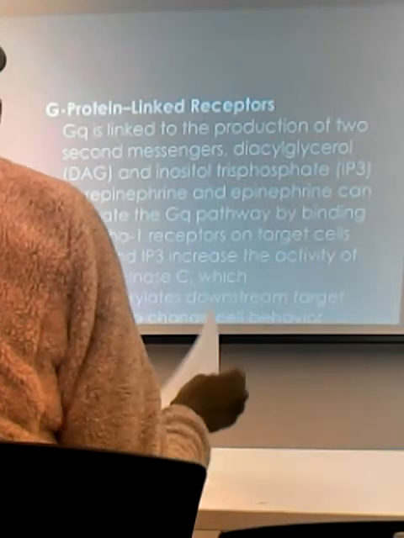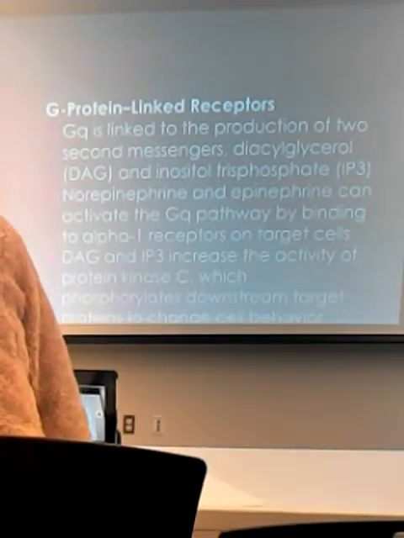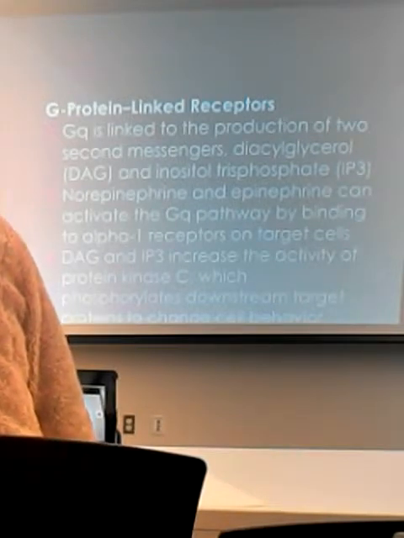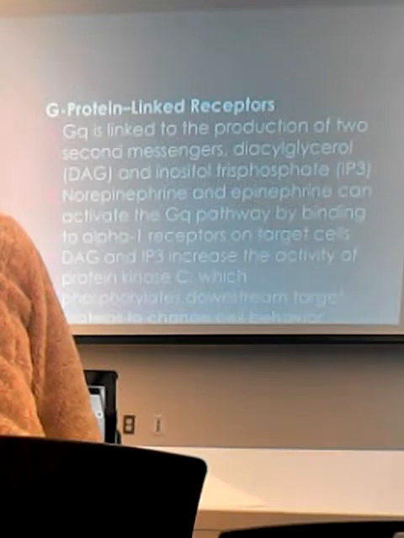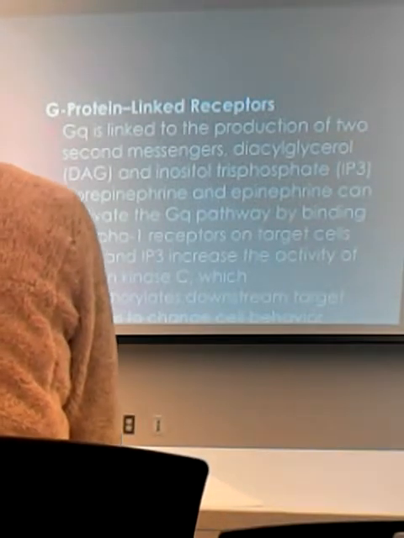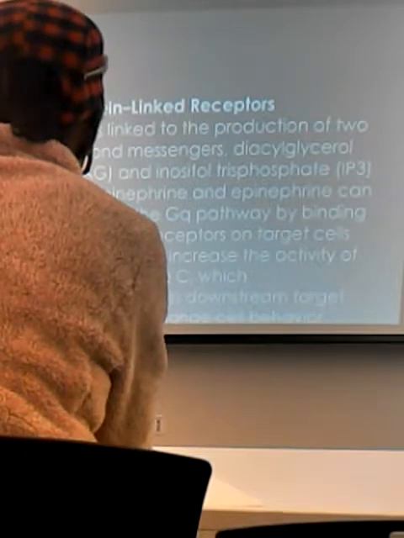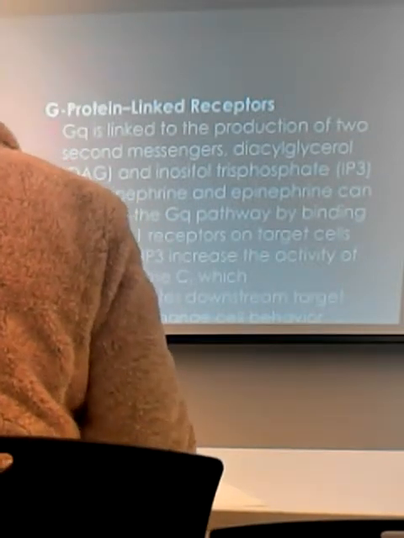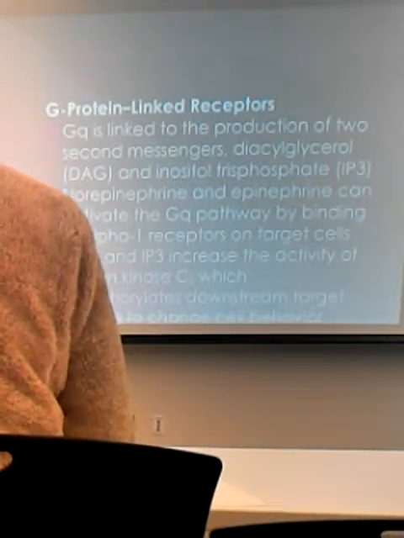That was Gs proteins. What about Gq proteins? For Gs proteins, cyclic AMP is a secondary messenger, and protein kinase A gets activated due to downstream phosphorylation. What about Gq? Gq is inositol triphosphate, IP3, or diacylglycerol, DAG. You've probably seen cyclic AMP, DAG, and IP3 a trillion times in other classes, hopefully.